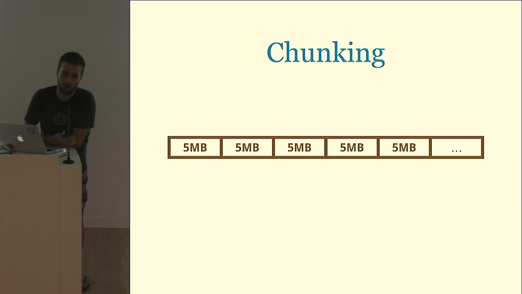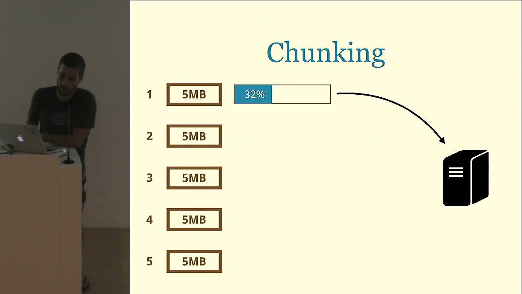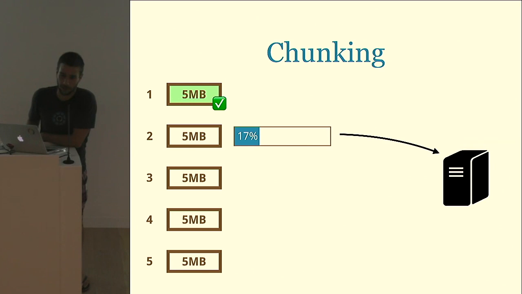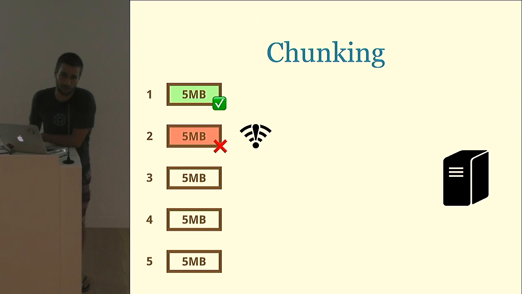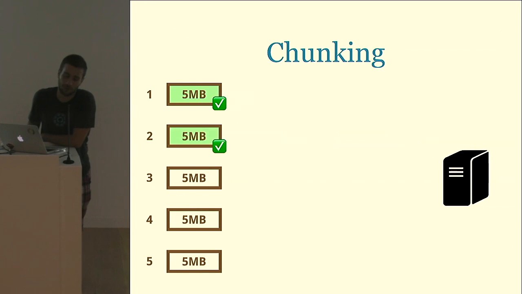Instead of uploading the whole file at once, we just split it into chunks and upload each chunk individually to the server. If any chunk fails, for example due to internet connection failures, that chunk can be automatically retried, and after some time it might succeed if it's just a flaky connection.